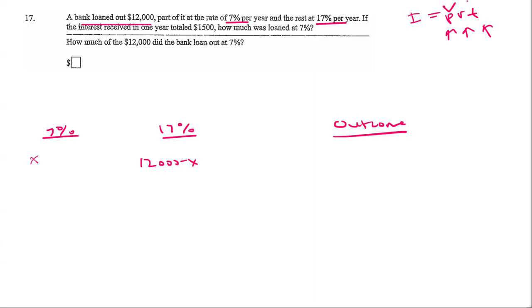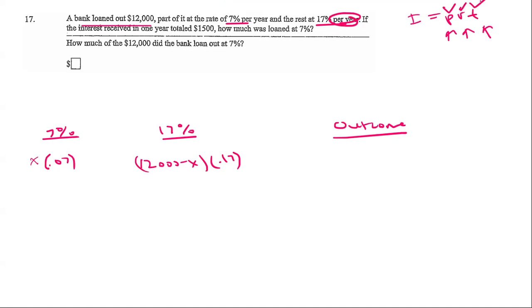Now I'm going to work on my R, my rate. Well, this one is 7%, so I can change that to 0.07. And this one is 17%, so I can change that to 0.17. And this is per year. So we're going to work on T, which is time, and that's per year. So this is just going to be over 1 year. And this one will also be over 1 year.